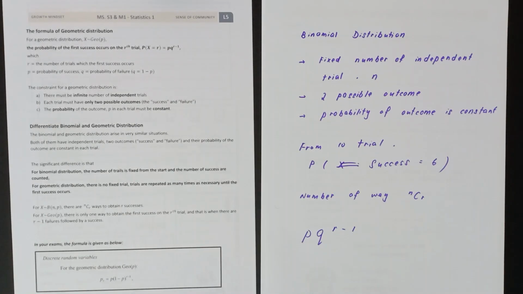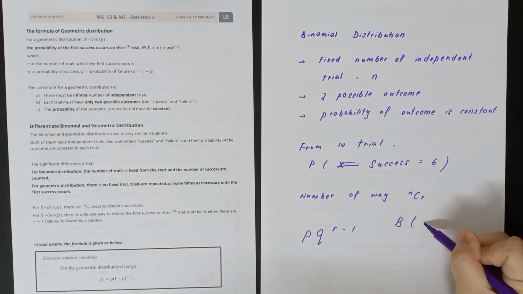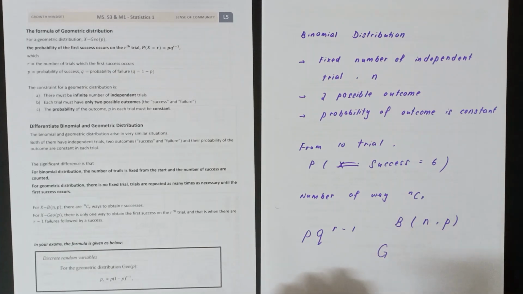And for geometric distribution, because we do not have a fixed number of trials, that's why in your notation, for binomial we write B and then n, p, right? For geometric, please do not write G. The standard notation is GEO.